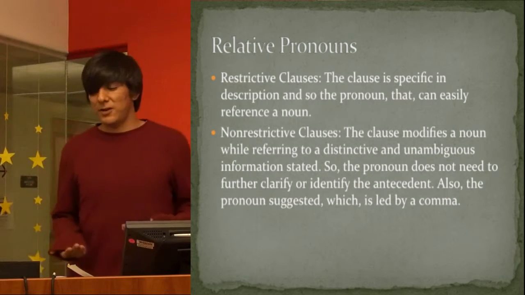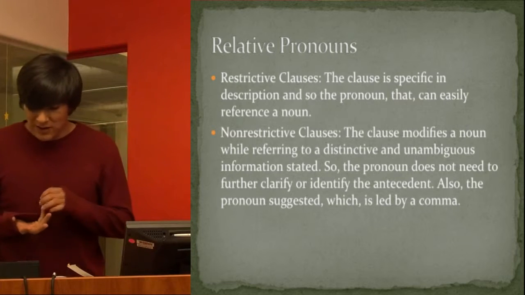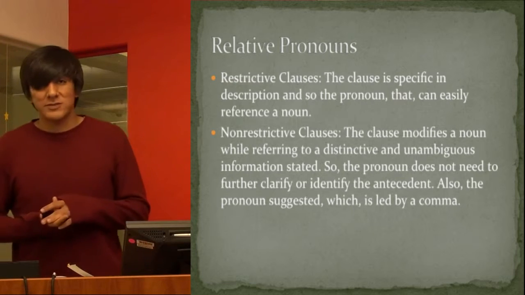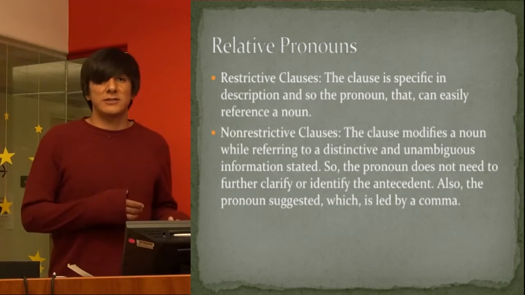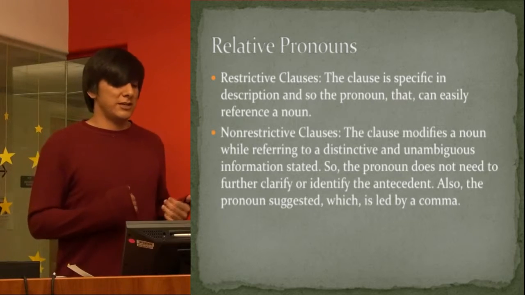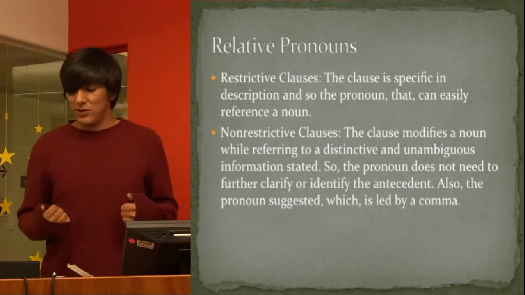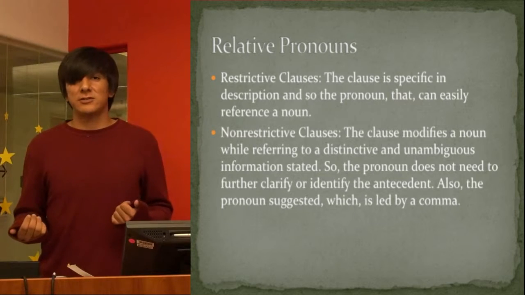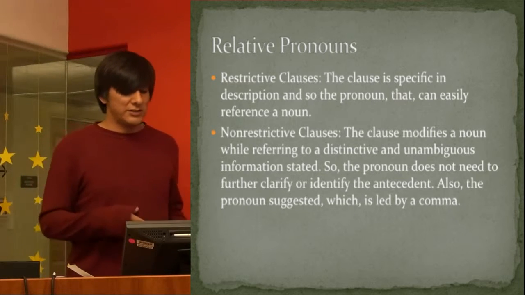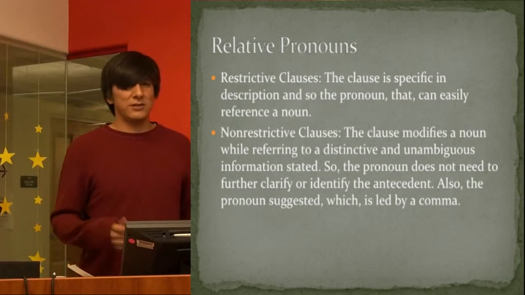There's only one first bankruptcy, so it does not need further explanation into describing which bankruptcy it's referring to. So the pronoun which does not have to be restrictive in nature.